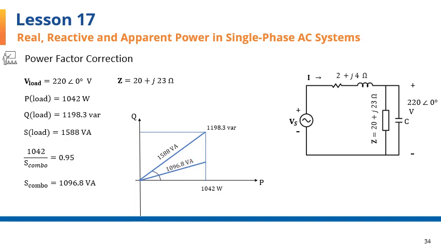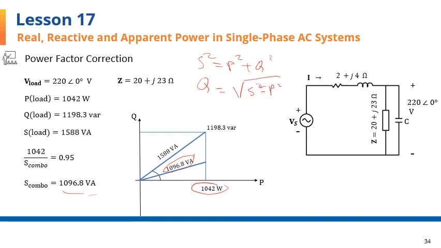This is the combo, and we know the relationship between S, P, and Q is S squared equals P squared plus Q squared. For this smaller triangle, now I have the S and we have the P, because the P hasn't changed, and the S we have found is 1096.8. So having those two, I can calculate Q as the square root of S squared minus P squared.